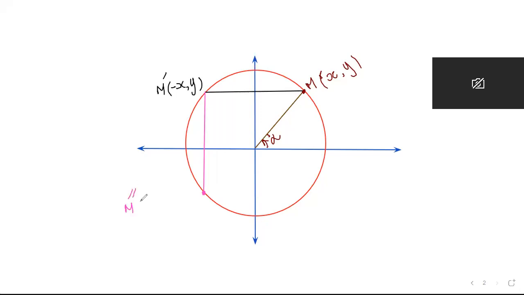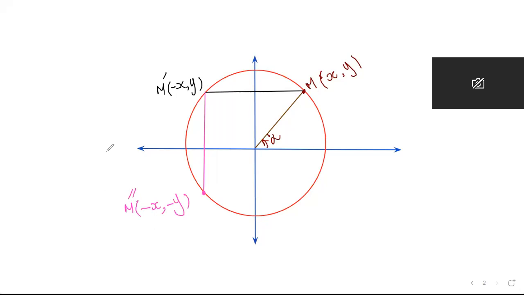You see that the coordinates of M double prime, because of the symmetry of the unit circle, are as if the x is minus, and also you see that the y also is minus.